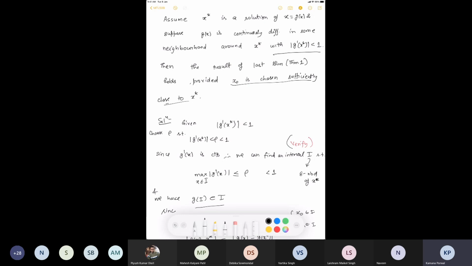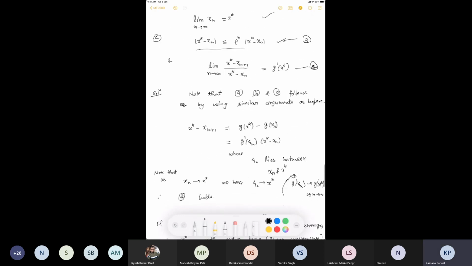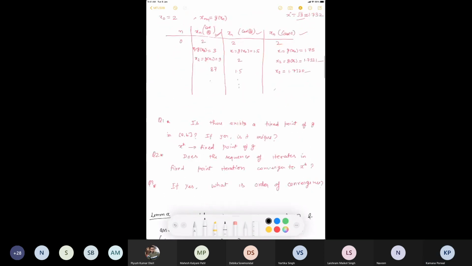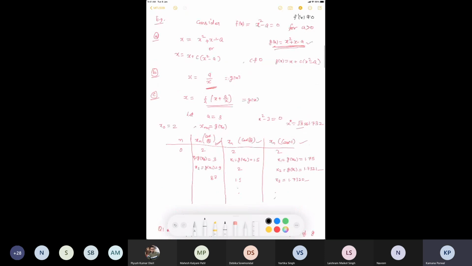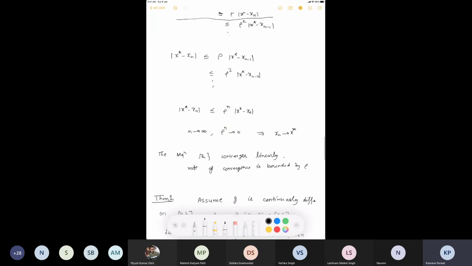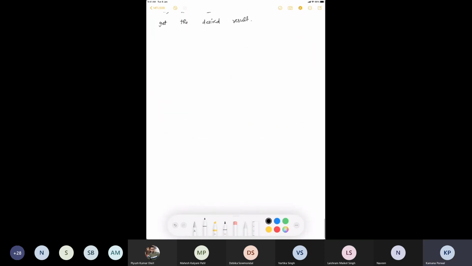Okay, if not, then let's take back these different choices of the g which we saw here. We had different choices of g here, right? And let's try to apply the information which we have got, which will ensure the convergence, right? So let's take this example again.